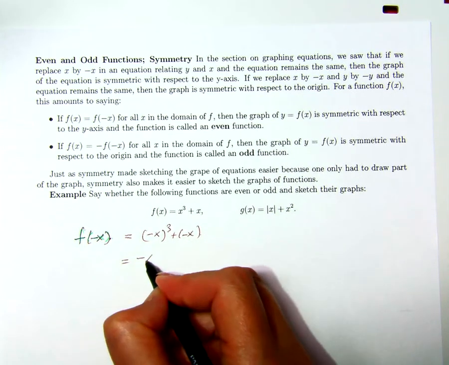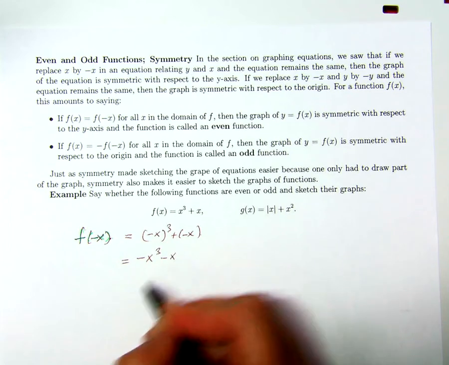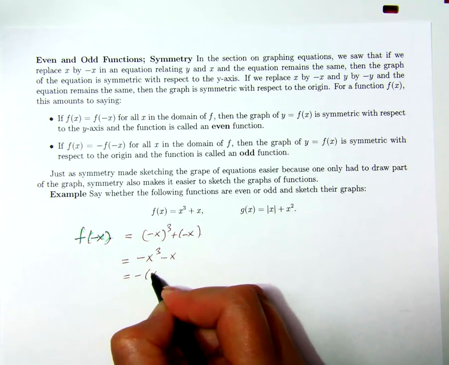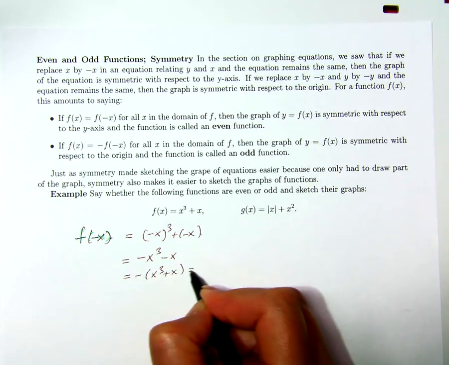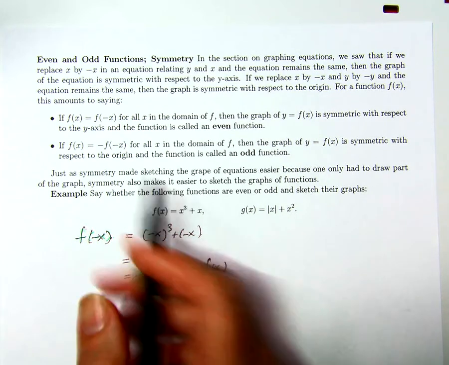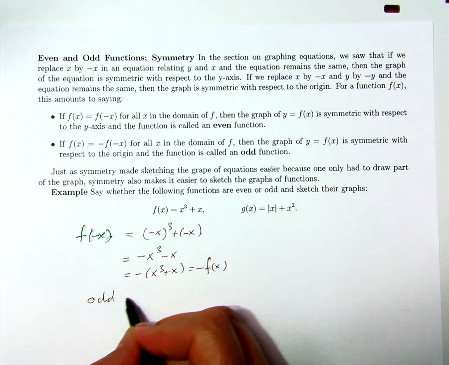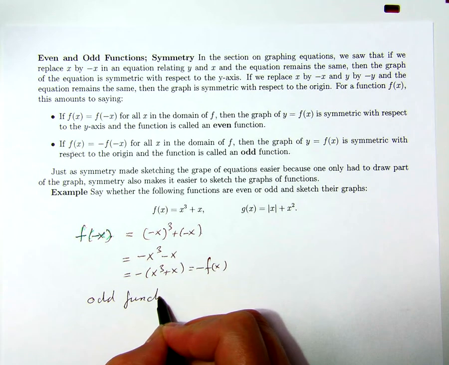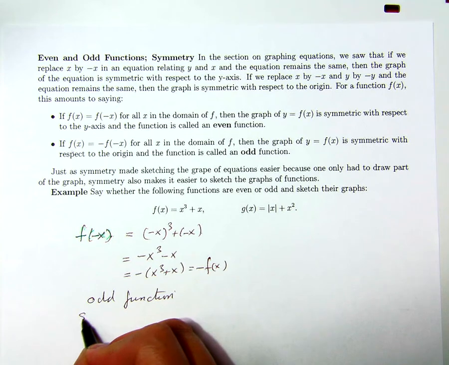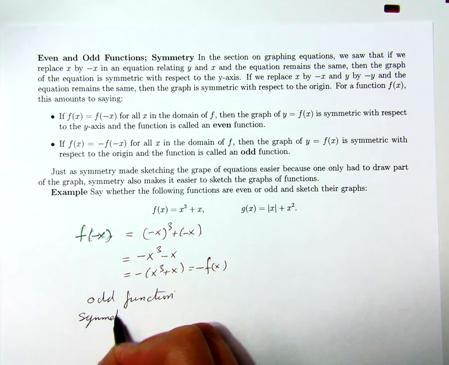And that's negative x cubed minus x, and that's minus x cubed plus x, which is minus f of x. So now that's situation 2 here. So this is an odd function, and that's just another way of saying that we have symmetry through the origin.